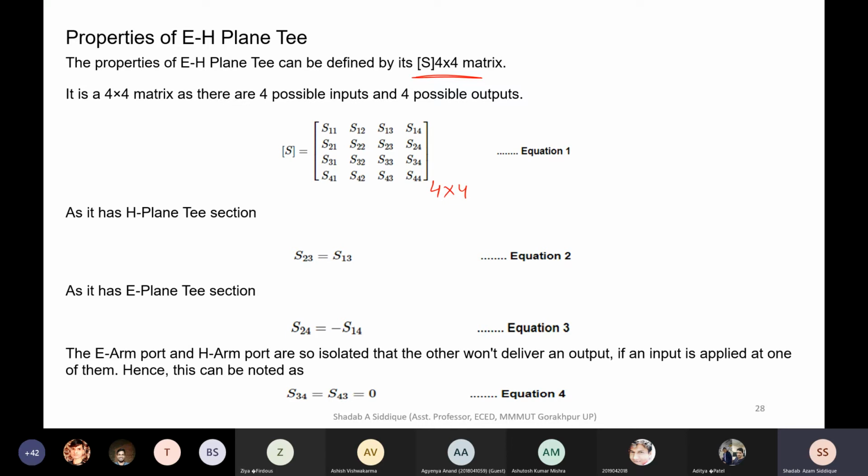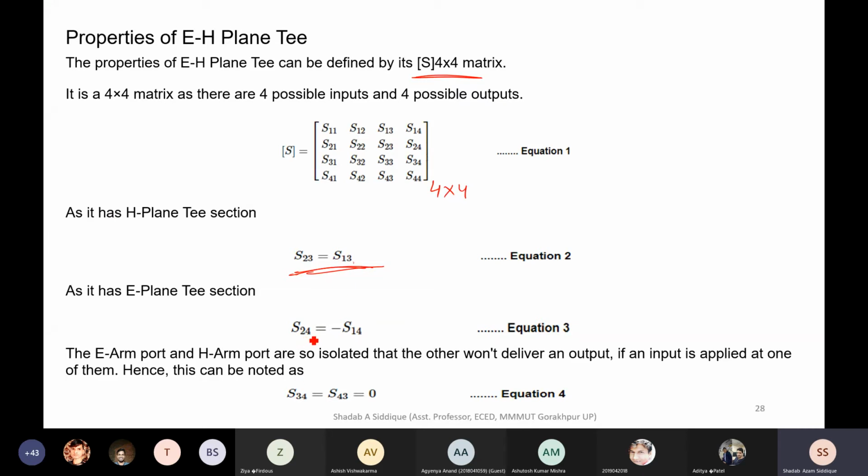In that, S23 and S13 are equal. So if you are applying input from port 3, we will get output at port 2 and at port 1, but not at port 4. That is the H plane tee, where S23 is equal to S13.